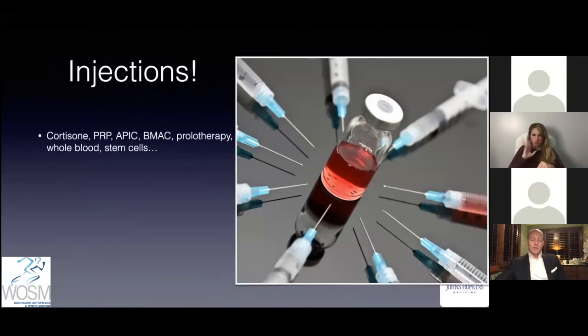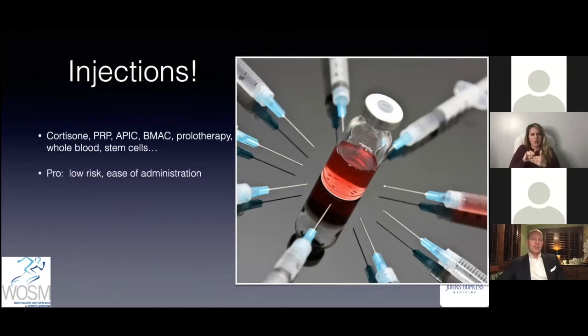But really, when we're talking about things like biologics, we're considering other types of injections that you may have heard about or you may not have, but things like PRP, APIC, Bmac, whole blood, stem cells, all sorts of different mnemonics and confusing titles and different ways of harvesting these different types of biologics, which can be quite confusing to the consumer or even to the treating physician if you're not boned up on this.